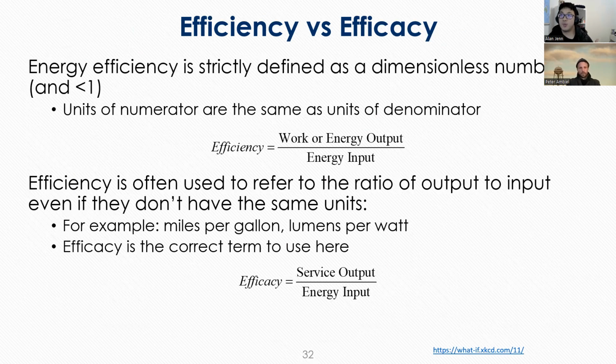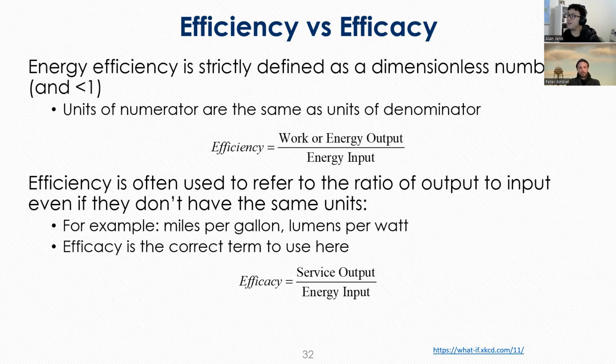The concept that we're going to be working with in this class is actually better known as efficacy, but for common nomenclature, we're just going to call this efficiency. Similar to energy efficiency, efficacy is a ratio of output to input, even if they don't have the same units.